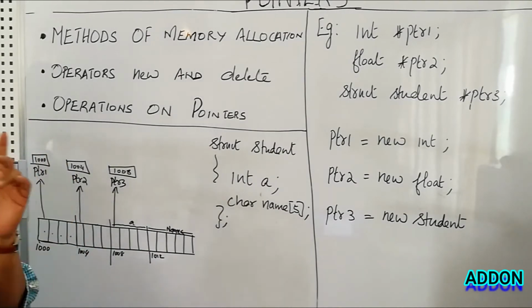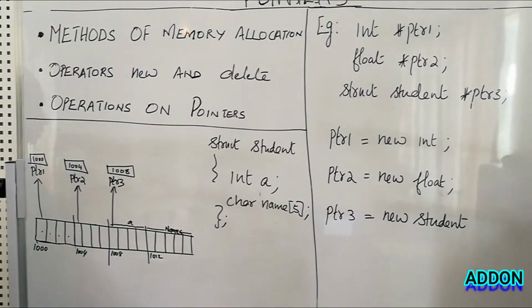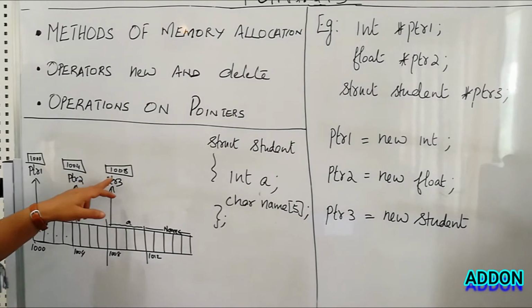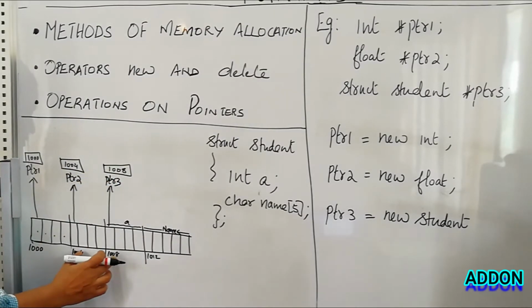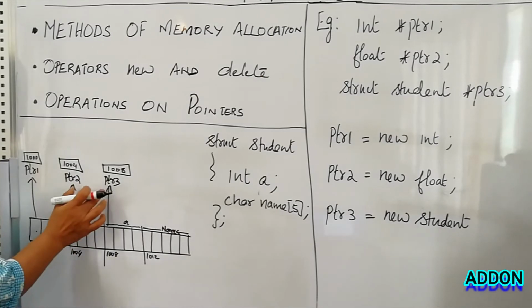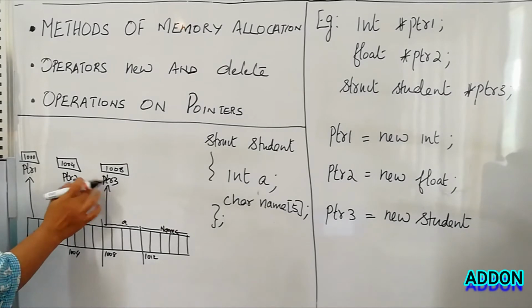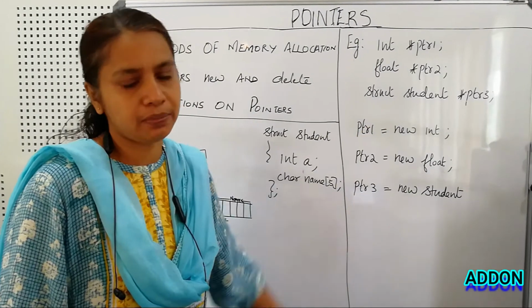So a total of 9 bytes of memory will be required for student, and its base address will be returned to ptr3. Here consider the base address is 1008, and that 1008 will be returned to ptr3. So this is a graphical representation of these three statements.